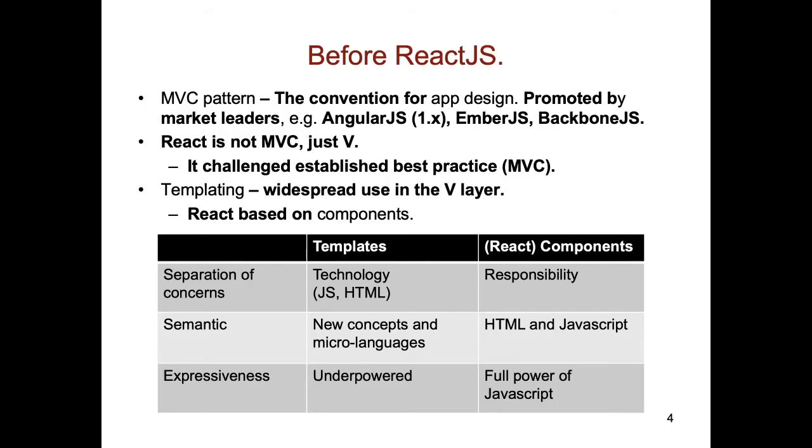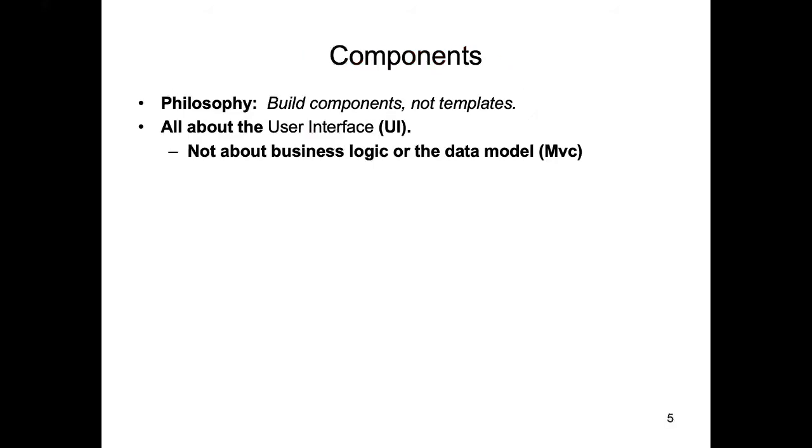The second argument was you got a better separation of concerns between the different parts of your code. There was an artificial separation of concerns in the templating model. Also linked with this is the expressiveness, or the intent, of your code, which was much better in the components approach versus the templating approach. I'm skimming over this stuff because we really want to get to implementing, but for the sake of completeness, I'm putting it in there.